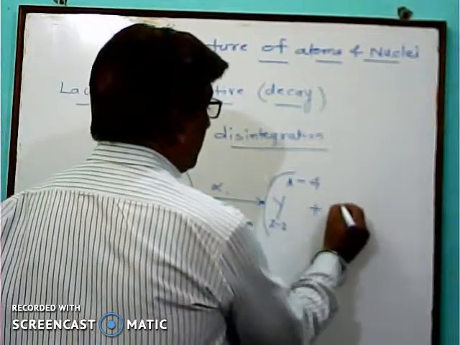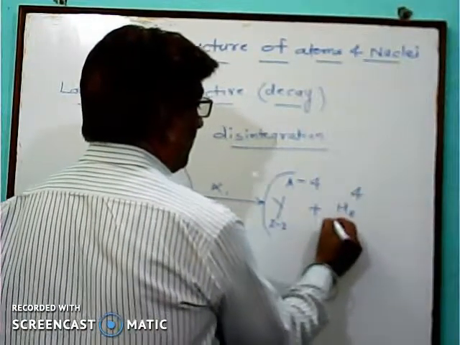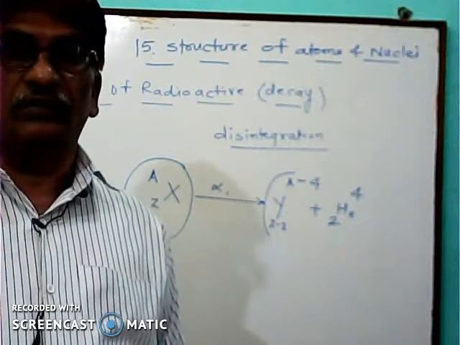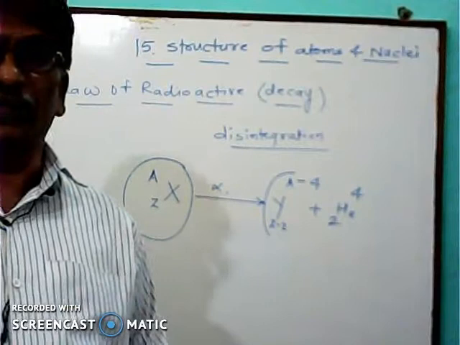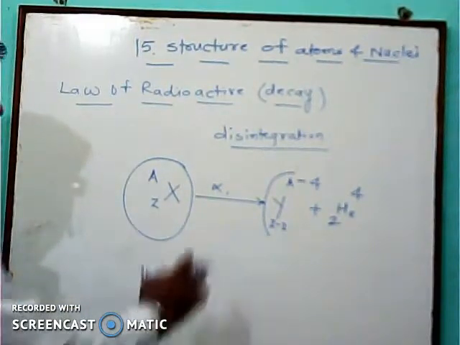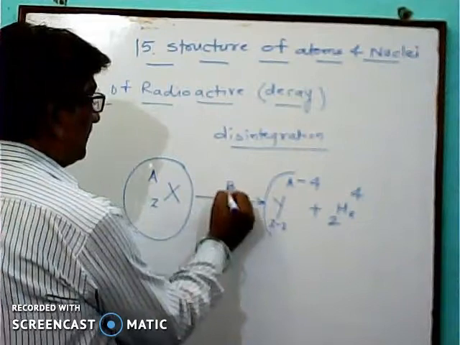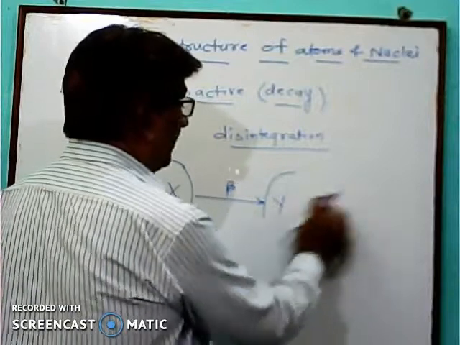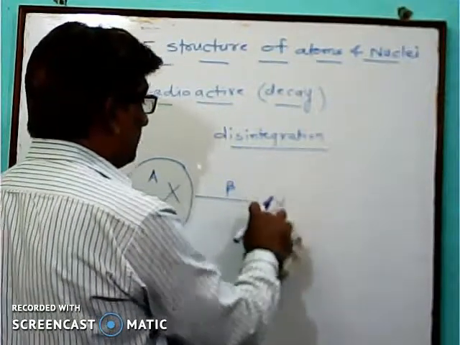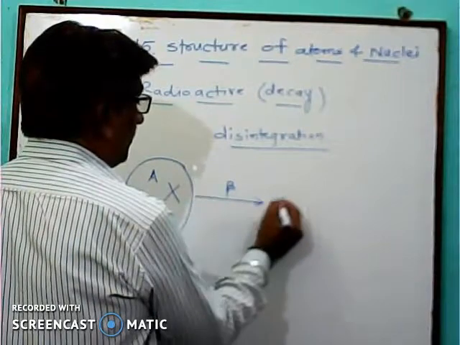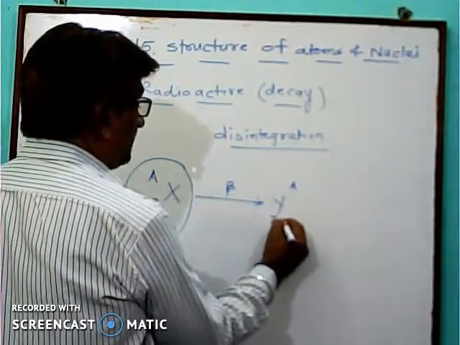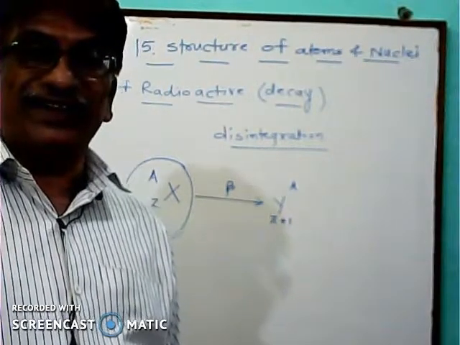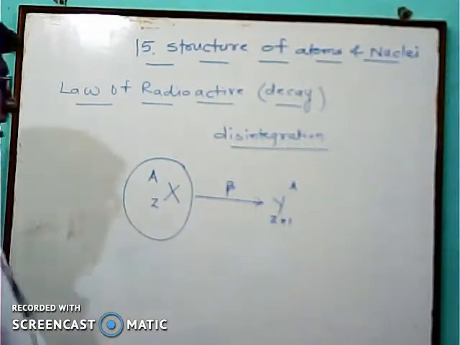These alpha rays can be considered as helium having mass number 4 and atomic number 2. When beta rays are emitted, a daughter element is obtained such that the mass number will be the same, but the atomic number is increased by 1. So beta rays can be considered as electrons.